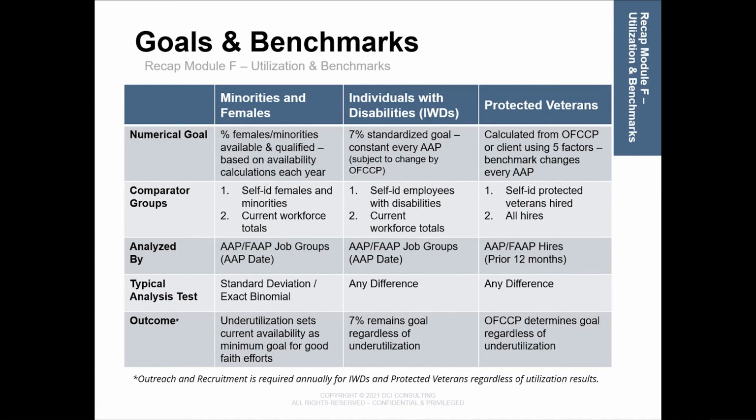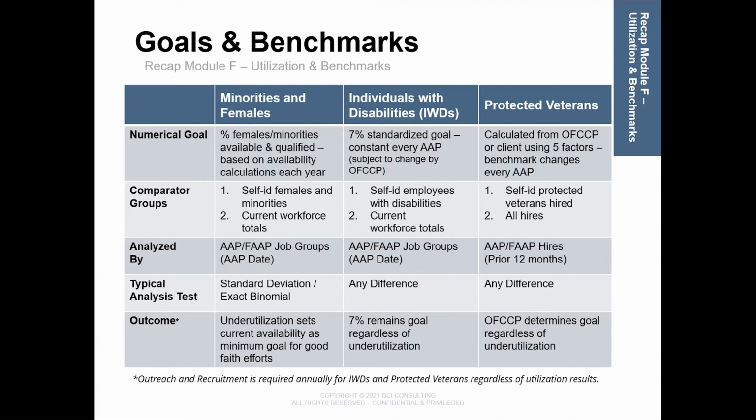So for example, if when we were looking at the past 12 months of veteran hires, if the goal was 5.9% and your total hires that were protected veterans was only 5%, which is still really good, but 5% was less than the 5.9% that previous 12 months, it is deemed underutilized.